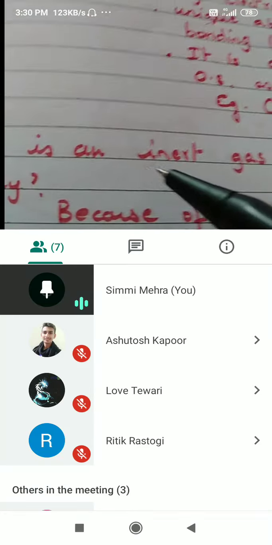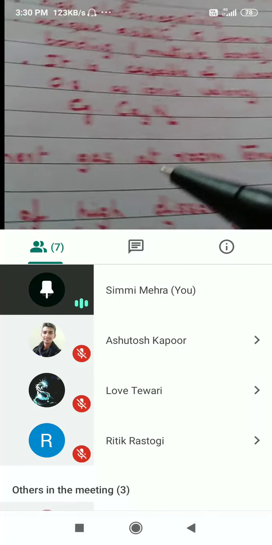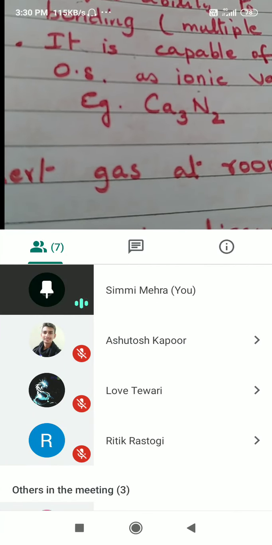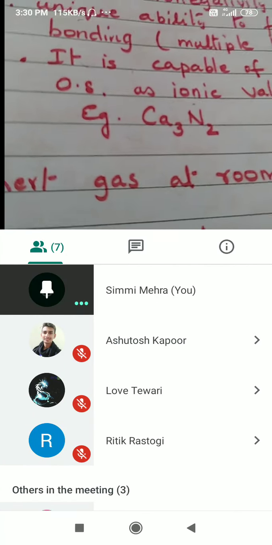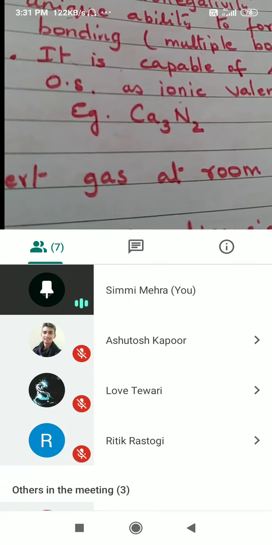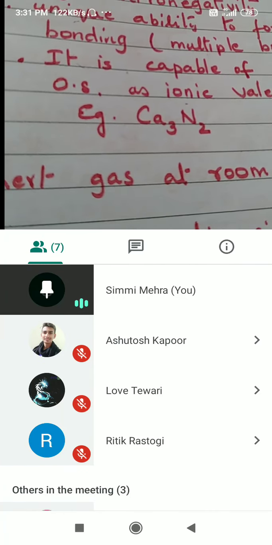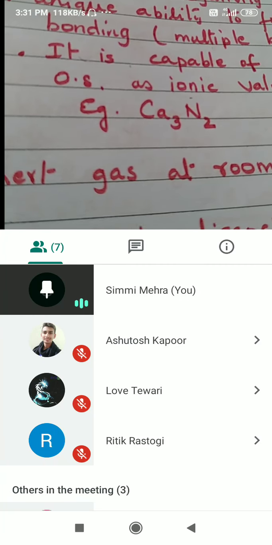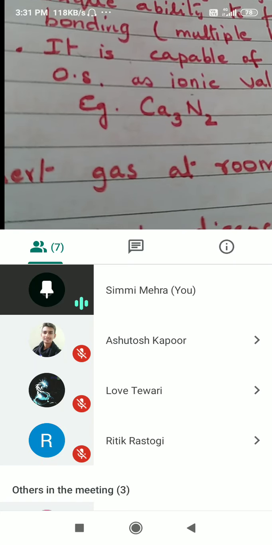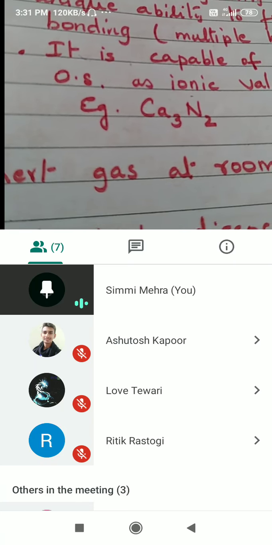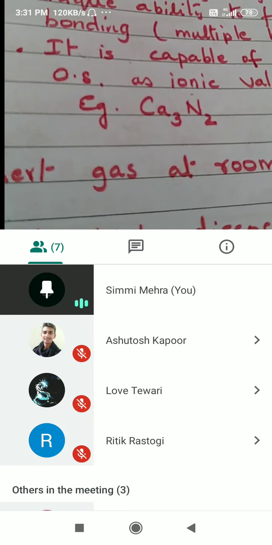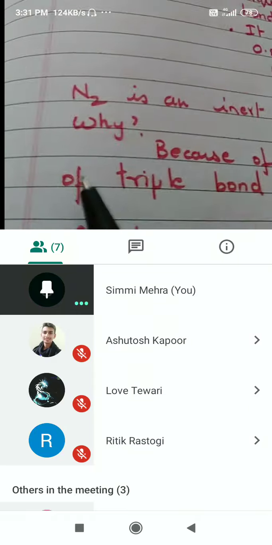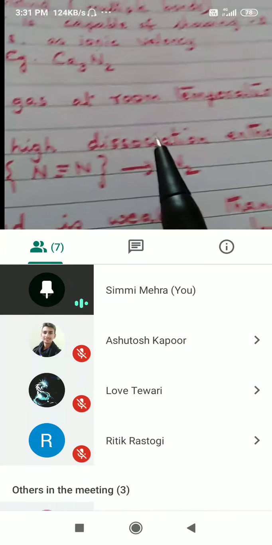Now nitrogen is an inert gas at room temperature. This is also asked in reasoning. Why is it inert? Why is 78% of the atmosphere consisting of nitrogen and still we do not have compounds of nitrogen in nature? The reason is that nitrogen is bonded to another nitrogen atom by a triple bond, and to break 3 bonds it requires a lot of energy, which is not available in the surrounding, because of high dissociation enthalpy.